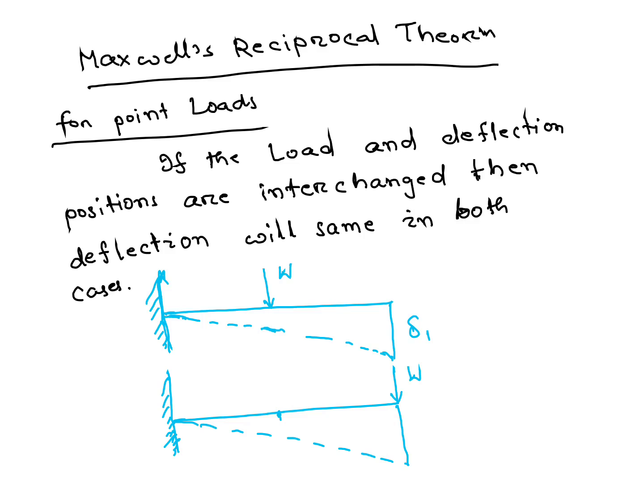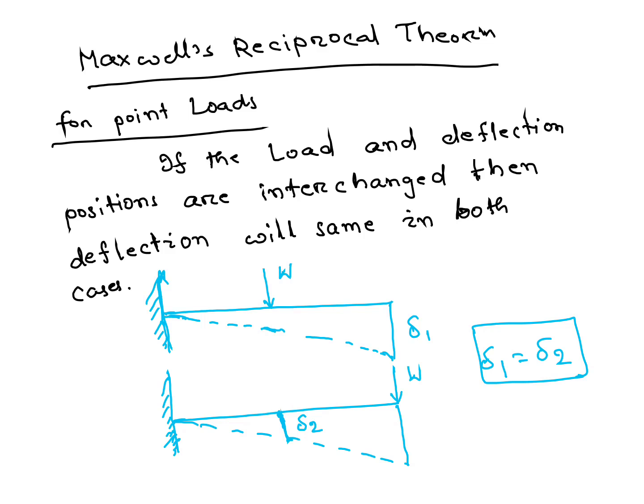So this is delta 2. So from this Maxwell's reciprocal theorem, if load and deflection positions are interchanged, then deflection will be the same in both cases. Delta 1 equal to delta 2. If load and deflection positions interchange.